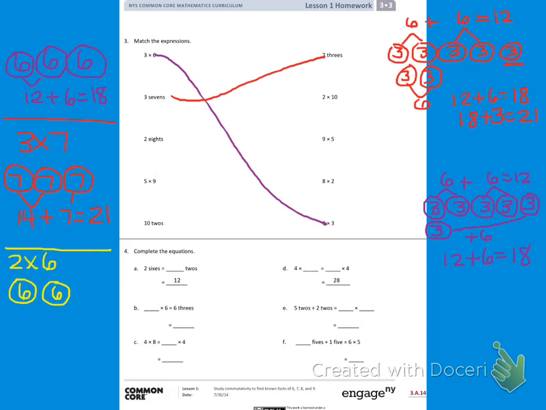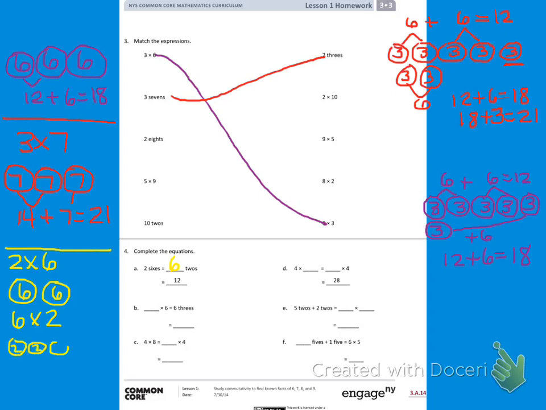With the commutative property of multiplication, I know I can switch that around. So instead of 2 6s, I could have 6 2's, or 6 groups of 2. And that would look like this.